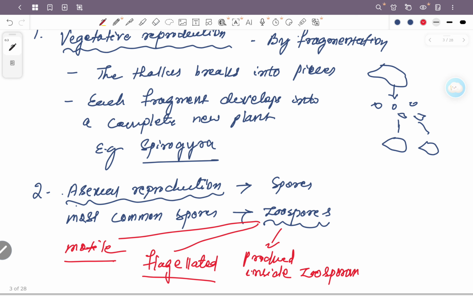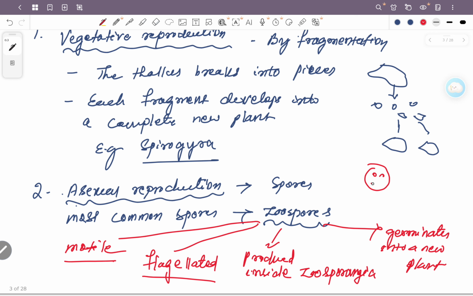And this zoospore germinates into a new plant. Okay. So suppose this is the sporangium. Inside the zoosporangium the zoospores are present, and when the zoospores are released, they germinate into a new plant.